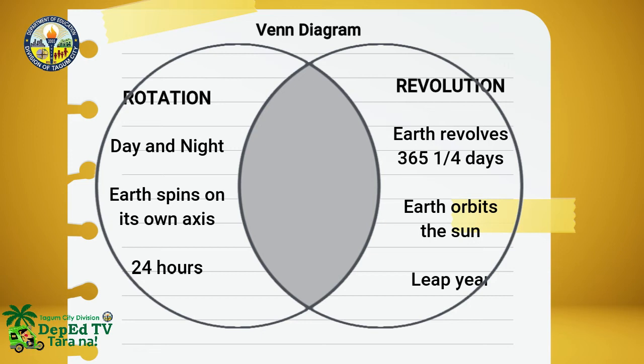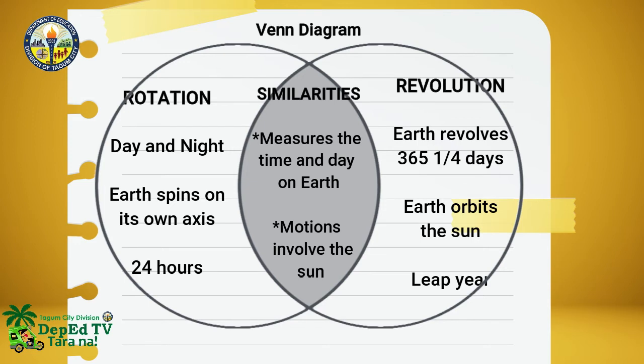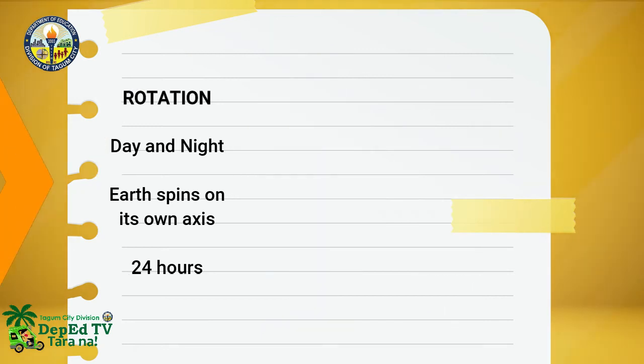On the center of the diagram, these are the similarities between rotation and revolution. 1. It measures the time and day on Earth, and motions involve the Sun.